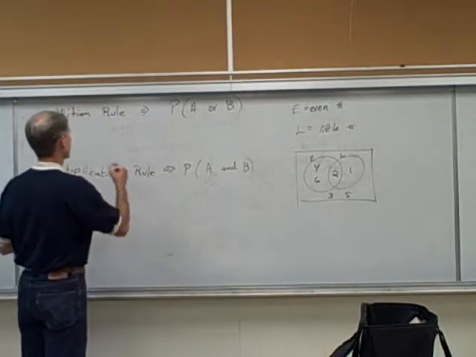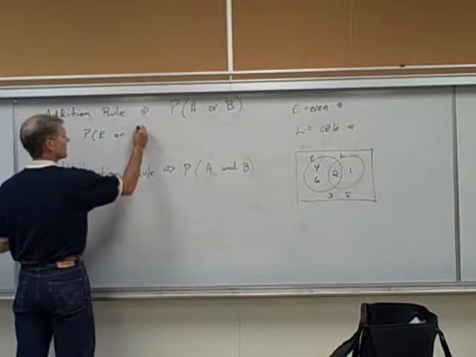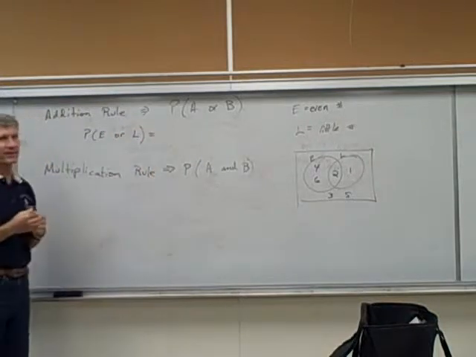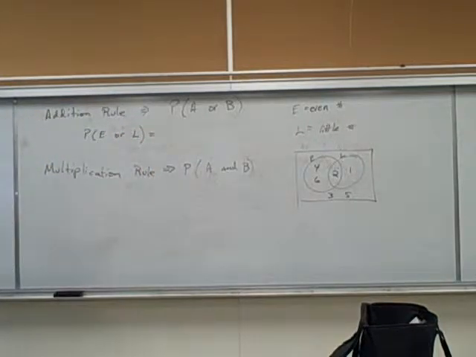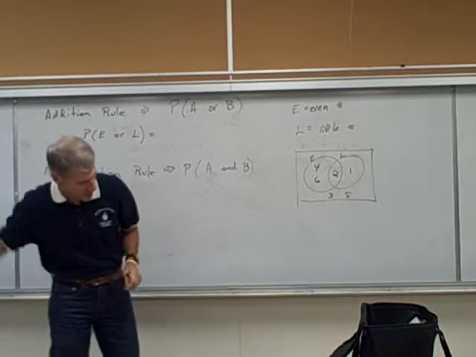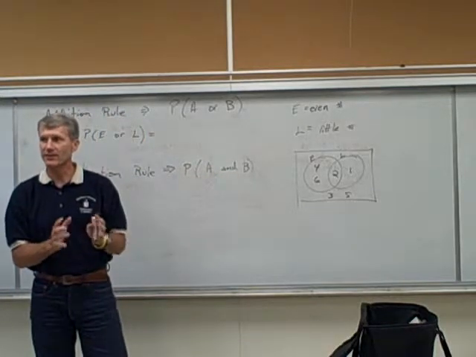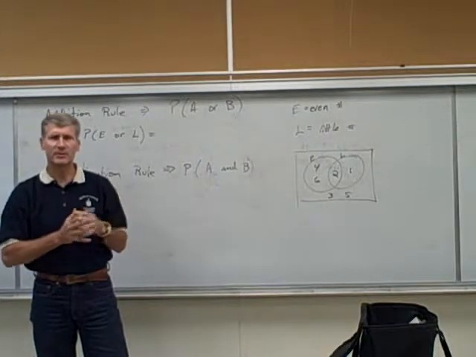So let's do first the probability of E or L, just from looking at the Venn diagram. What does that mean? It means I take my die, I roll it, and I either get an even number or I get a little number. What's the probability that that happens?